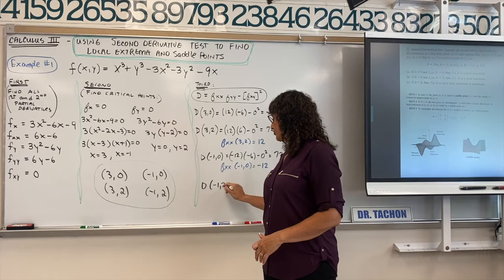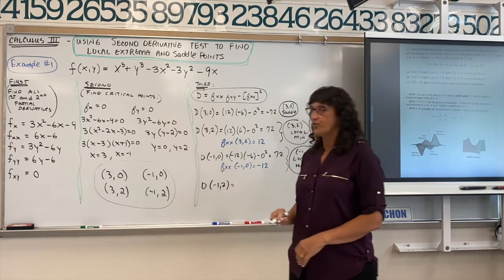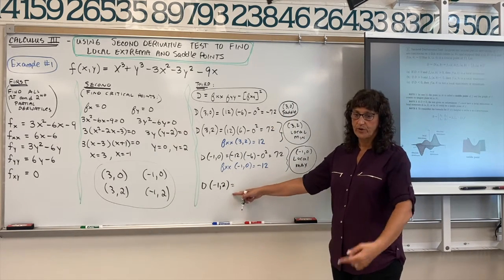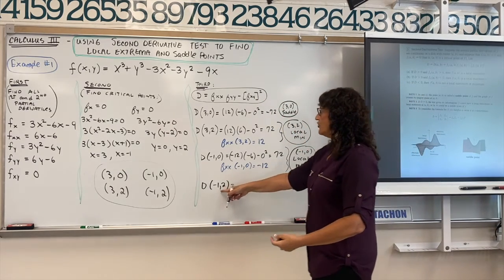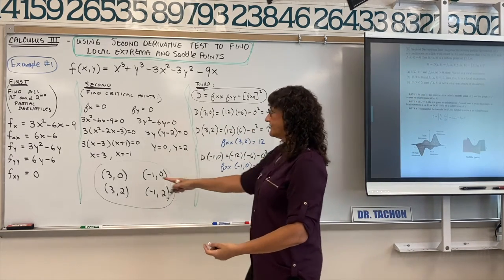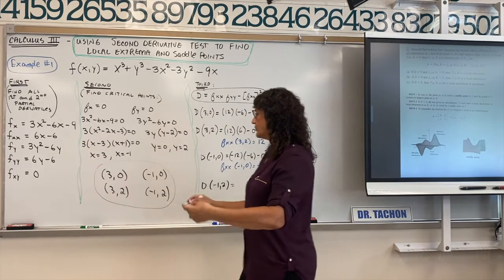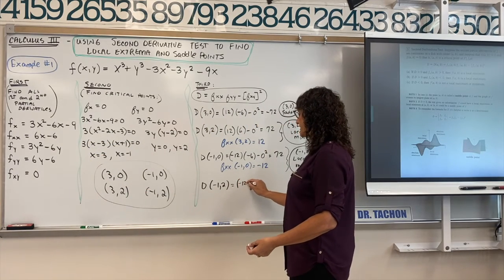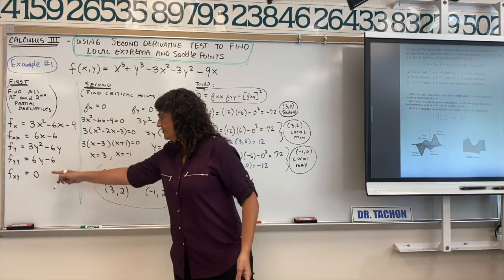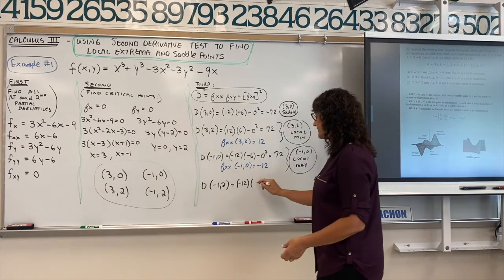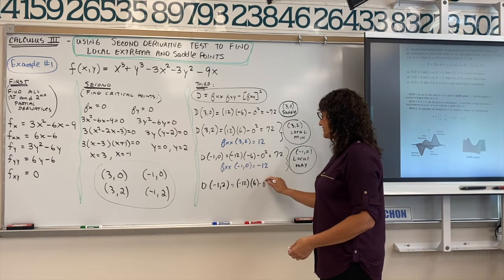Finally, negative 1, 2, negative 1 for the x and 2 for the y. Let's plug this critical point into our D equation. Second partial with respect to x, plug in negative 1: 6 times negative 1 minus 6 is negative 12. Second partial with respect to y, plug in negative 1 for x and 2 for y: 6 times 2, 12 minus 6 is a positive 6, minus 0 squared.